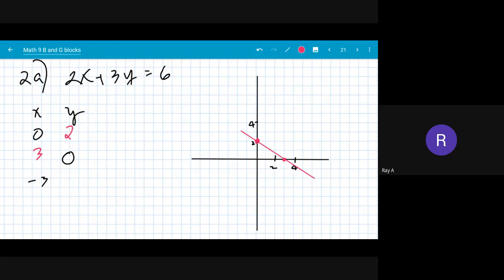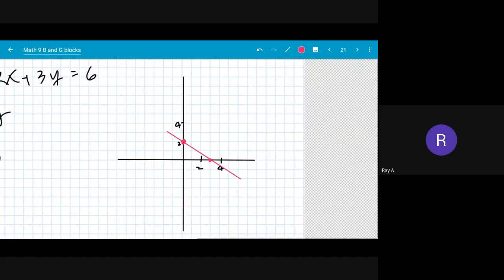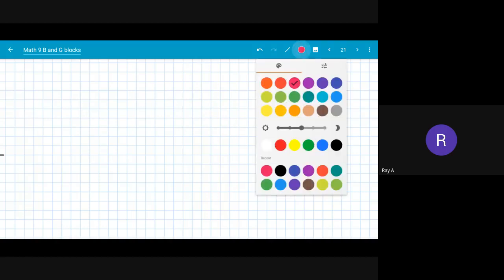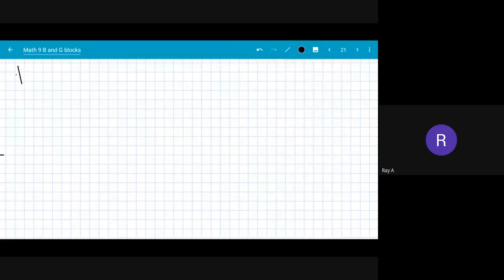I will do another one. Number 3A is just like what they have discussed on page 136, horizontal or vertical equations. 3A.